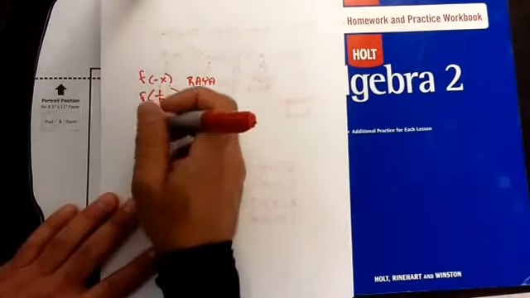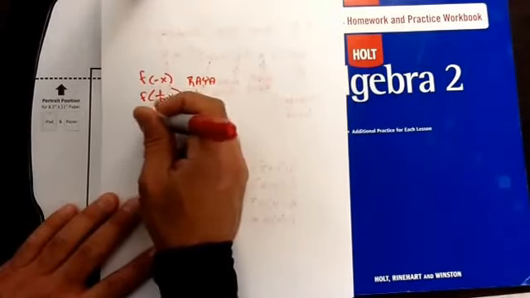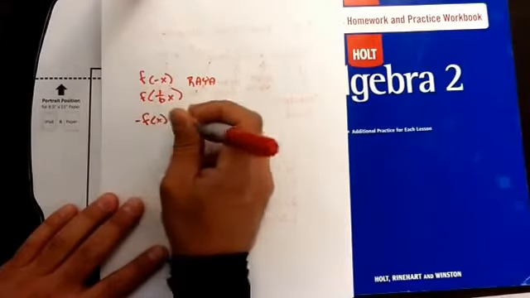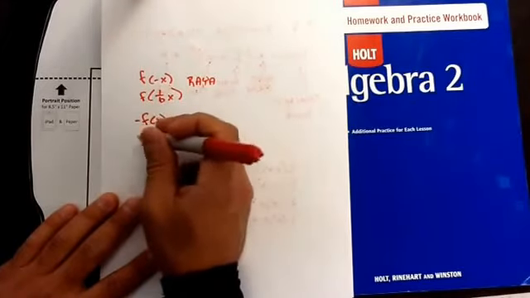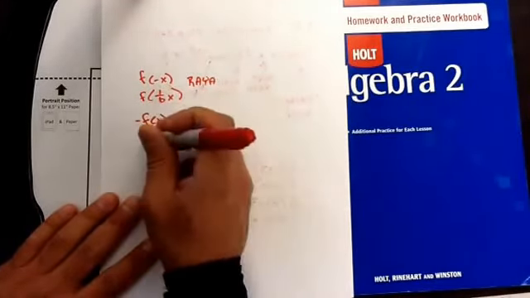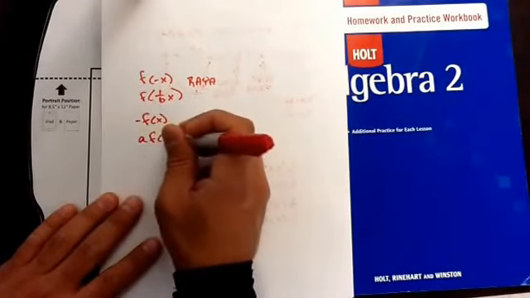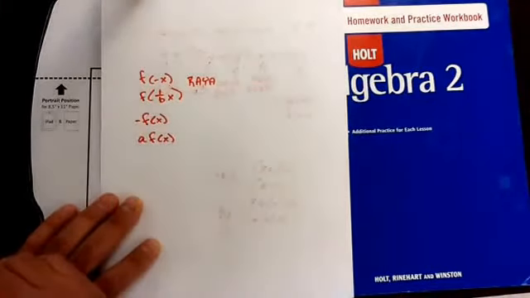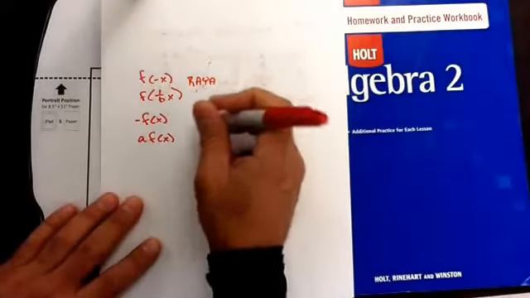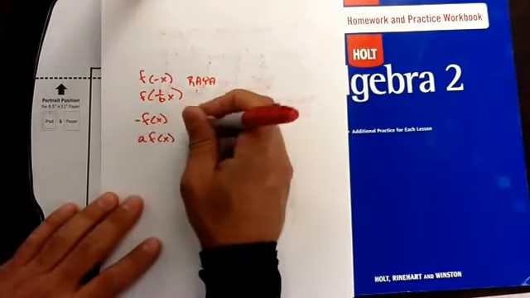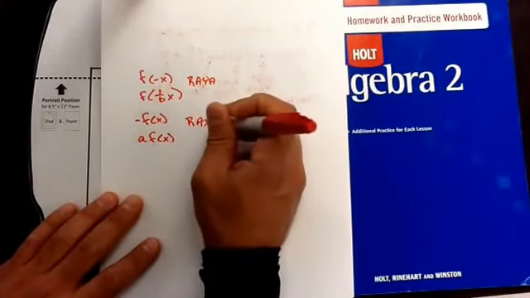If they want to reflect it across the x-axis, we'll put it in front of the function rule. This is like the a value. The a value is going to be in front of the whole entire rule. So if we have something like this, when the a is negative, it's going to be reflected across the x-axis.